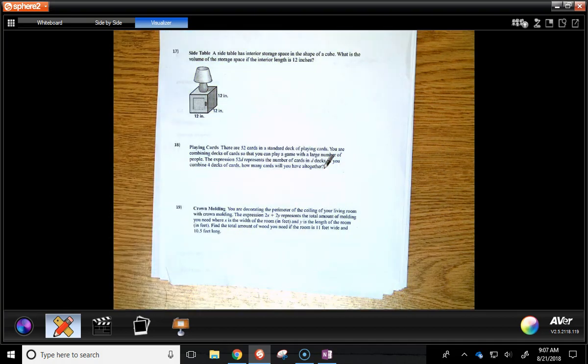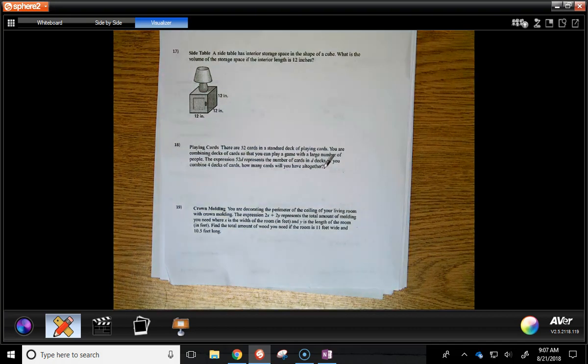On the back, there are just a few more problems with a little story problem that you have to read and solve using order of operations or evaluating the expression. This is due tomorrow. Remember, when that bell rings, get in, start the warm-up activity.